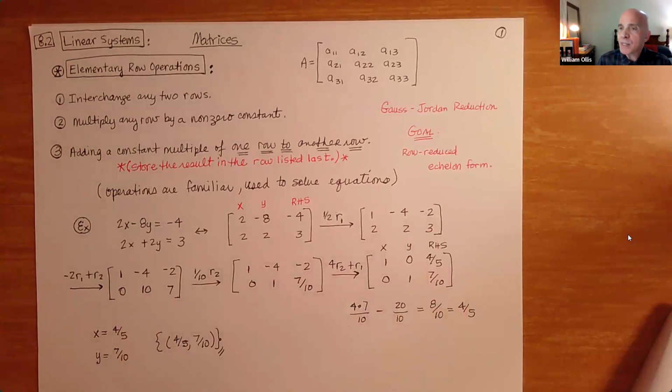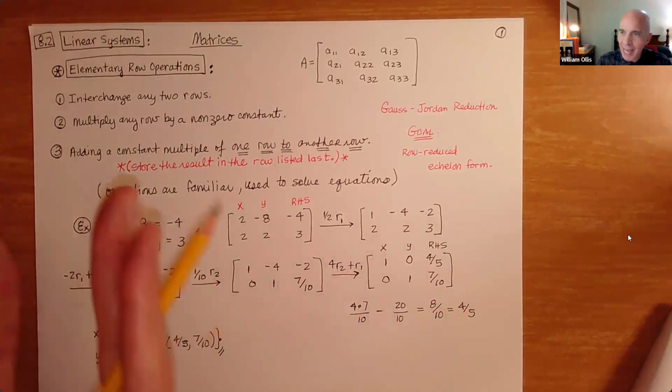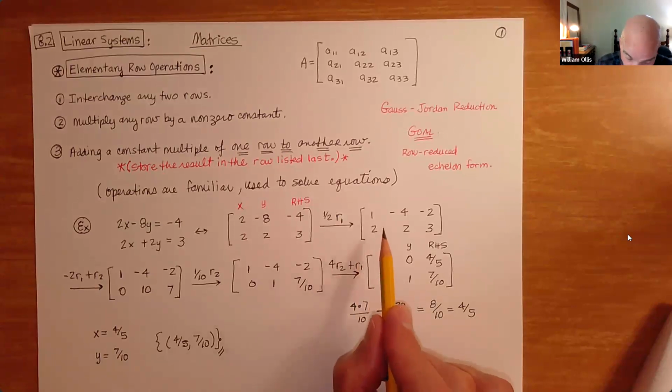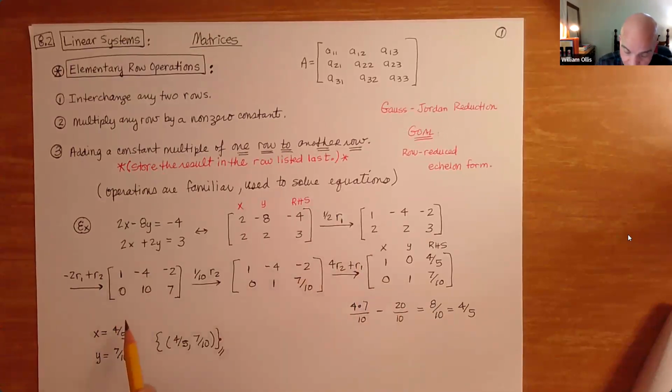So it's the same process that you do when you have all the x's and the y's together and you add things. You get the same result, but you don't clutter up the process with the variables, which are now aligned in the columns. Now notice the improvement here. We have a 1 and a 0. Now, the next thing that we want to do is to move over to the next column in the second row and create a leading 1, which will be the leading 1 for the y variable.